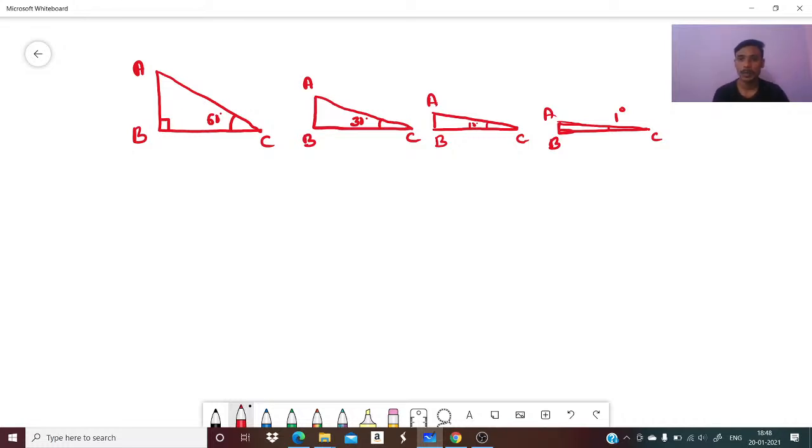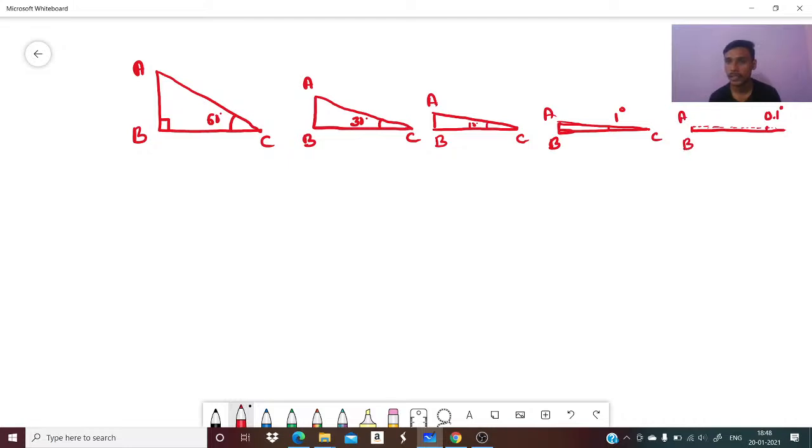Now suppose I'm again reducing my angle, and now this distance is very small. This dotted line is my hypotenuse, and now this angle is 0.1 degree.